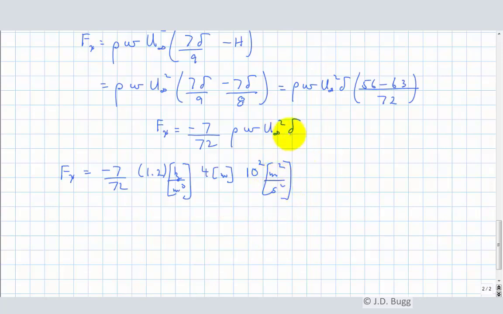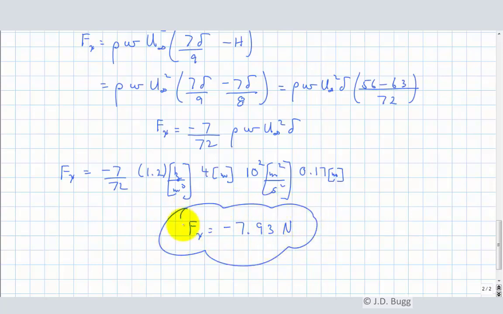And then delta was given as 170 millimeters, so that will be 0.17 meters. Multiply all of that out, and we get this force equal to minus 7.93 newtons. So the viscous force on that control volume by the plate is 7.93 newtons.